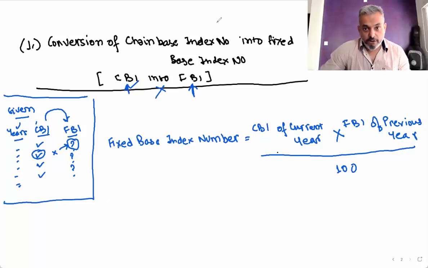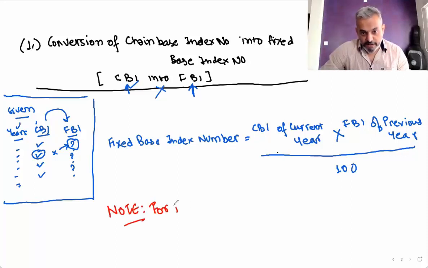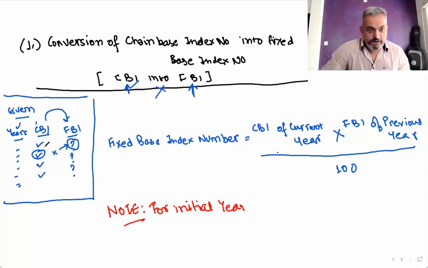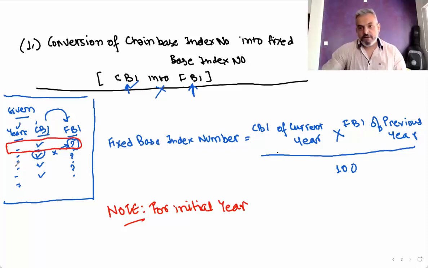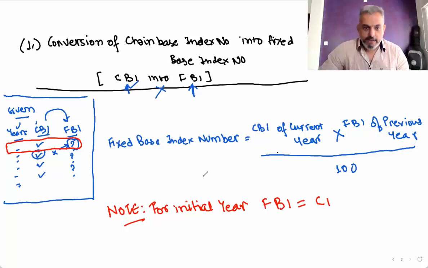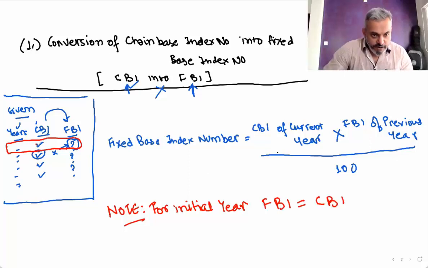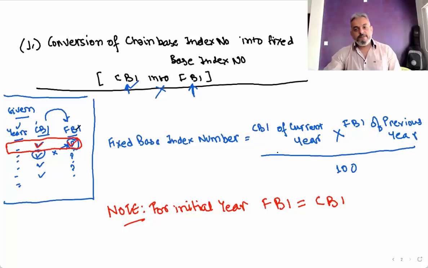Now a very important note. For the initial year. So what is the initial year? This first year is the initial year. FBI is equal to CBI. So for the first year, this CBI itself becomes our FBI.